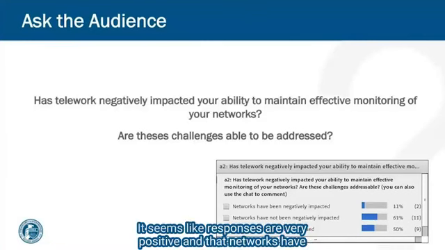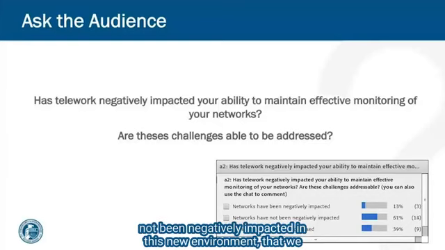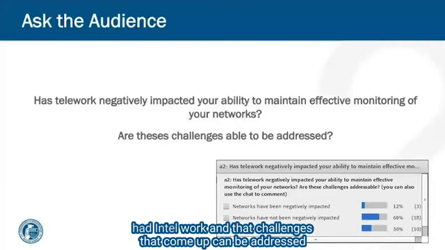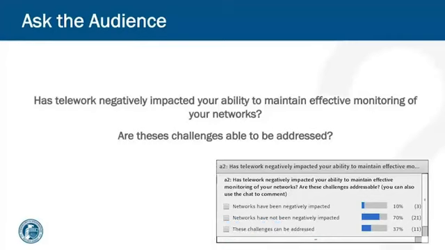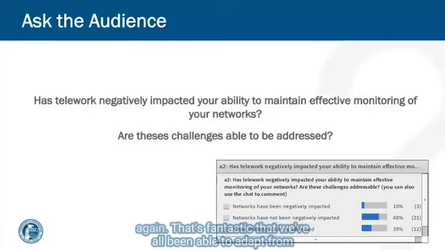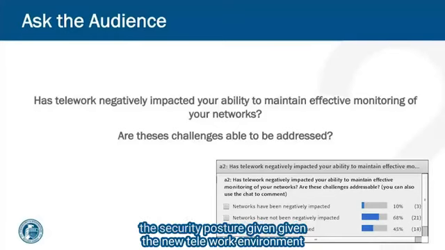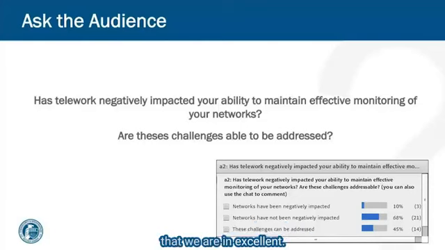It seems like responses are very positive and that networks have not been negatively impacted in this new environment that we have in telework, and that challenges that come up can be addressed. Again, that's fantastic that we've all been able to adapt from a security posture given the new telework environment that we are in. Excellent.